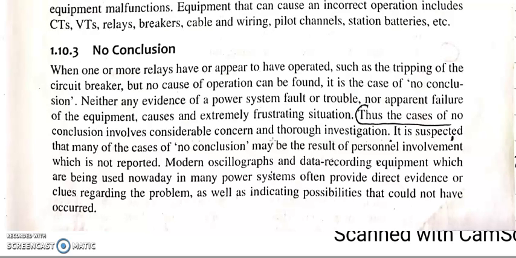Or sometimes the errors resulting from the system are not reported at all. Such times also, we don't get any conclusion out of the system. Nowadays, modern equipment using oscillographs may indicate the possibilities of no conclusion. By using such things, the reason for no conclusion can also be fetched. So this is what we have with the third one.